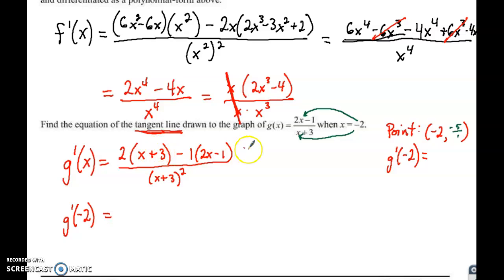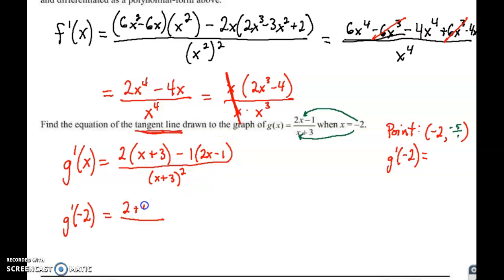I've had students that struggle to simplify. You can if you want, but all you have to recognize is when you plug in -2 for this x, -2 plus 3 would be 1. So you just have 2 right there. And then minus, what's this? 2 times -2 is -4, minus 1 would be -5.